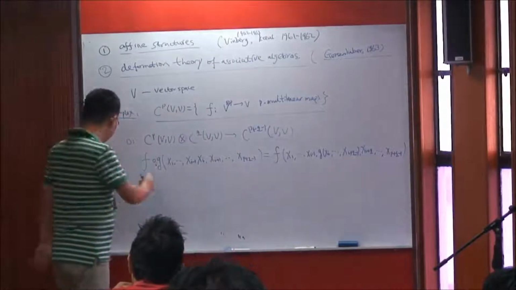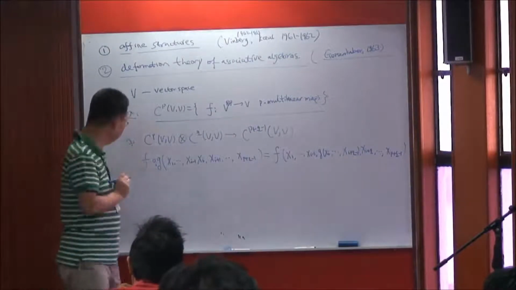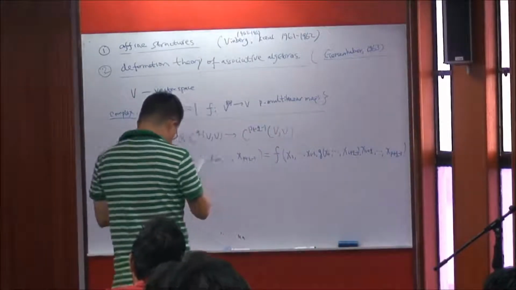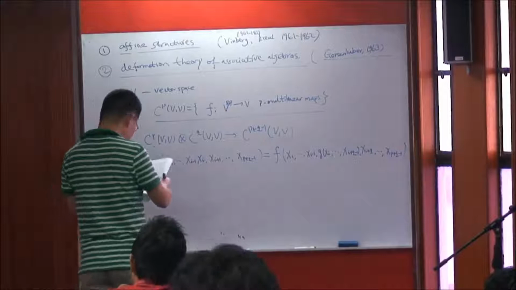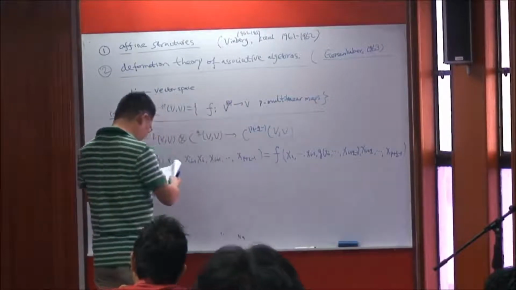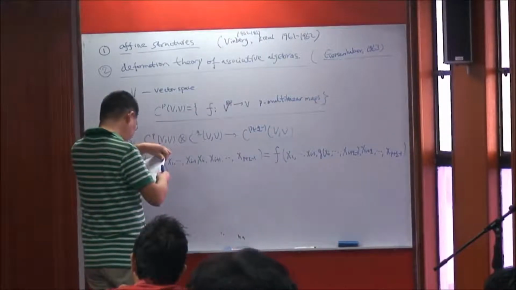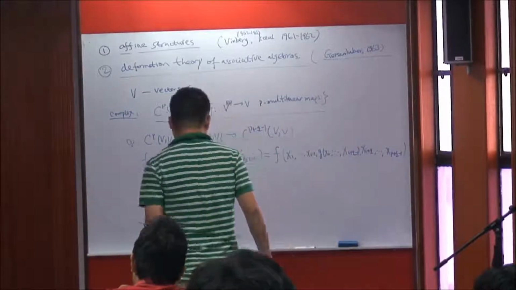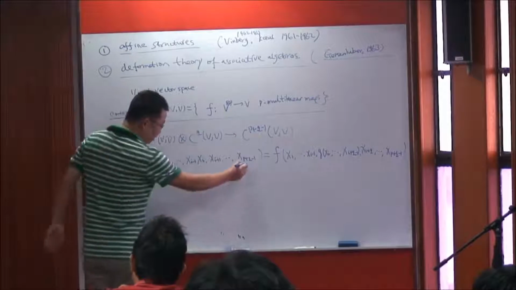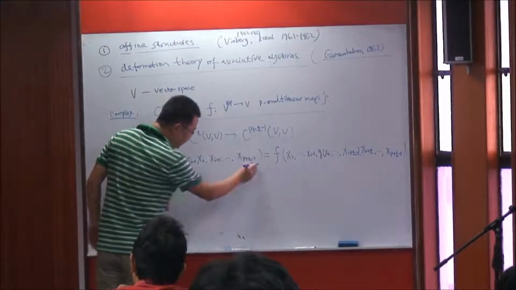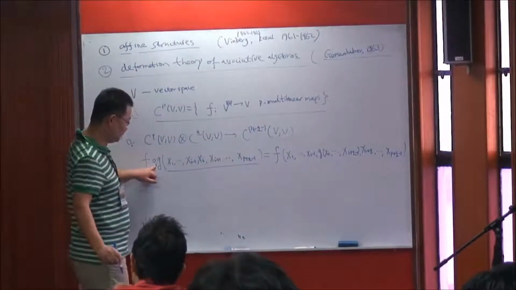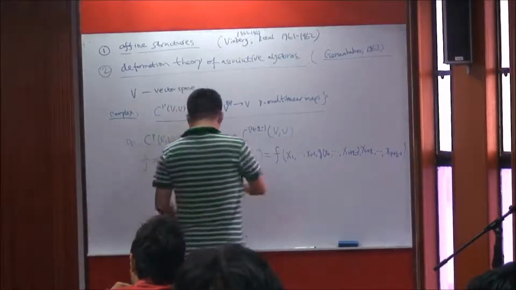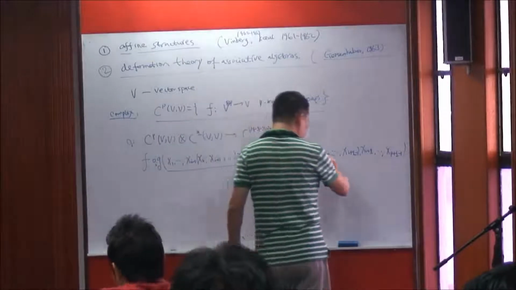We can define sigma_i. We can see the variable is p plus 1 minus 1, and for the i-th position, we replace this part by g.